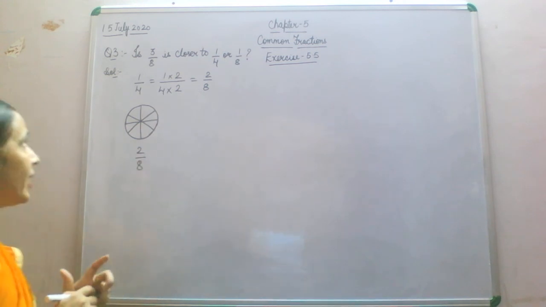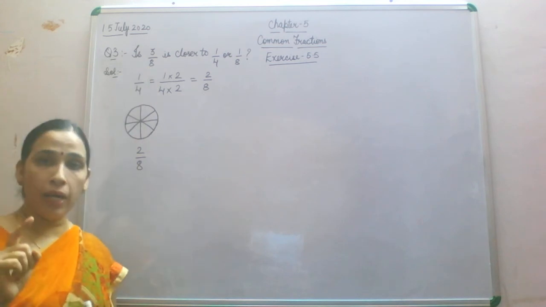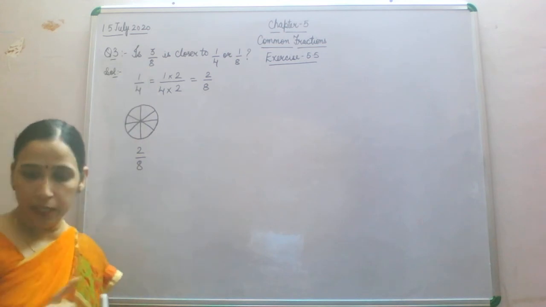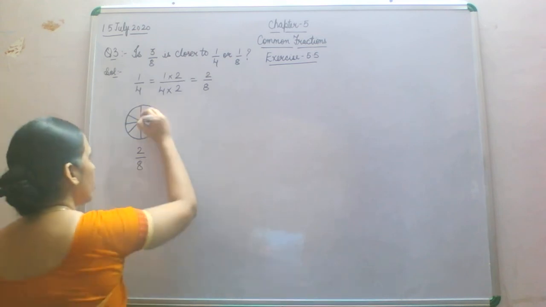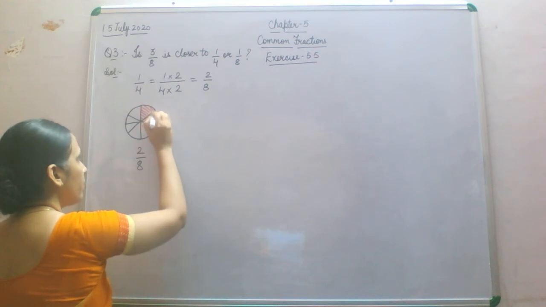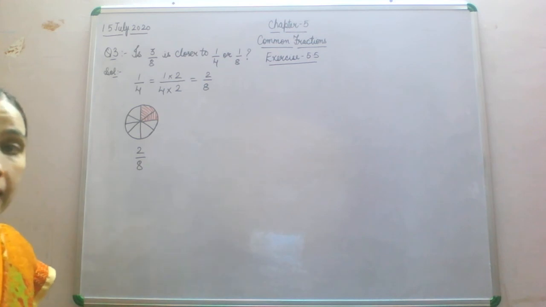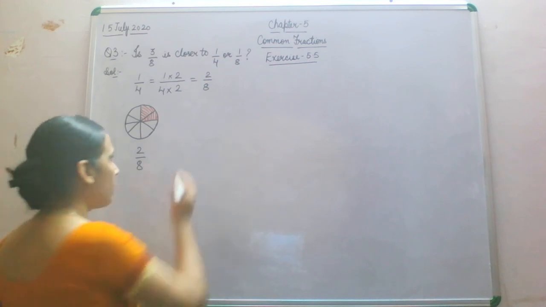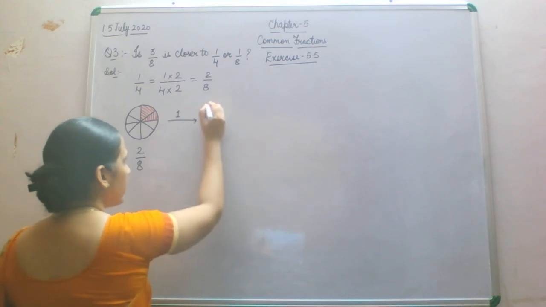Then for getting 3 by 8, we are going to add 1 by 8 in this 2 by 8. First of all, we will shade 2 portions out of it, 1 and then 2 portions. We have shaded it. And after that, we are going to add 1 in it. Fine, 1 by 8 once. So what will we get? We will get 3 by 8.